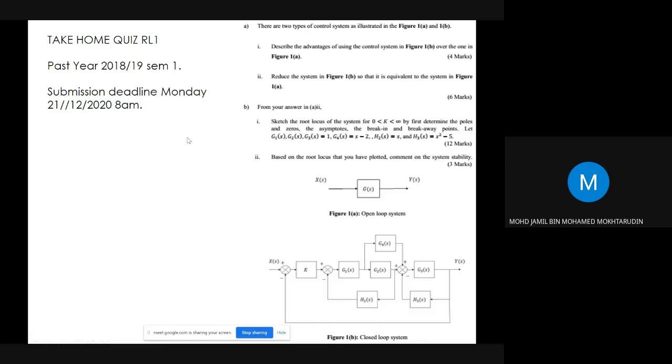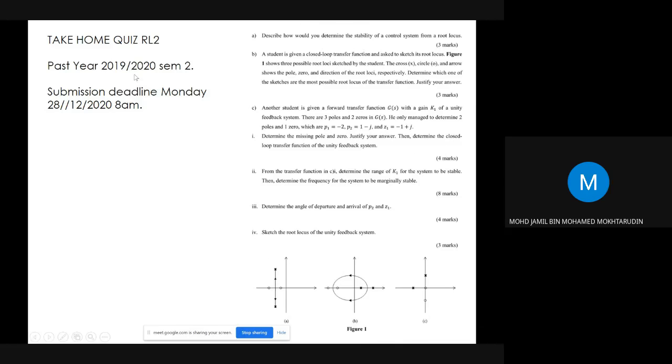And then take home quiz number 2. This is last semester. So this one submit Monday the following week. Okay, 28 hari bulan. So this is last semester. So soalan dia simple je sebenarnya. Sebab dia tak bagi transfer function, tapi dia bagi poles and zero. So you need to derive your own transfer function.